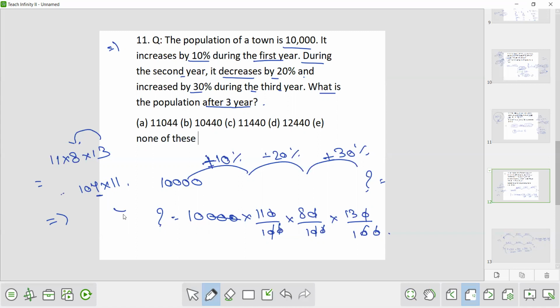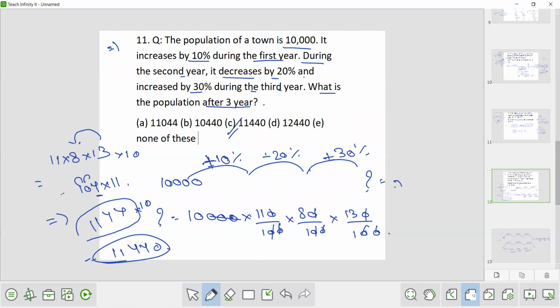First take the unit digit 4, then the sum 4, then the sum 1, and then the last 1, that is 1144. And 10 was also there, so you multiply here by 10. So this is 11,440. So option C is the correct answer. If you do it like this, you will do it very fast, else it will take a lot of time.